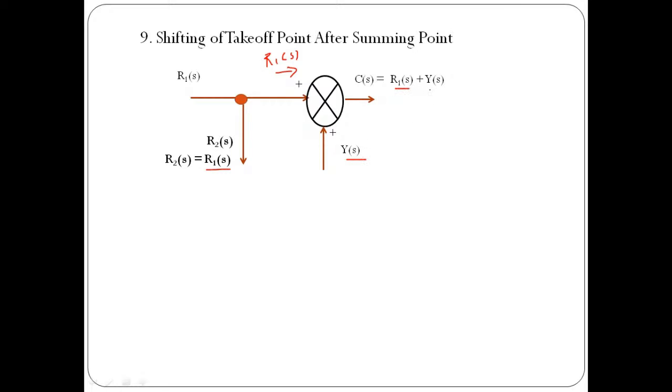So R1(S) plus Y(S) will be the output, which is C(S). So the output of the system is C(S), which is R1(S) plus Y(S), and the feedback signal which we are getting over here is R1(S). This is very important.